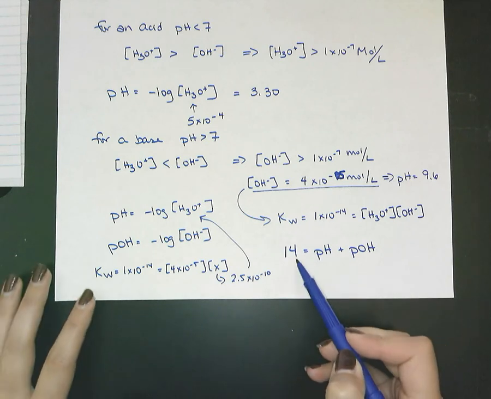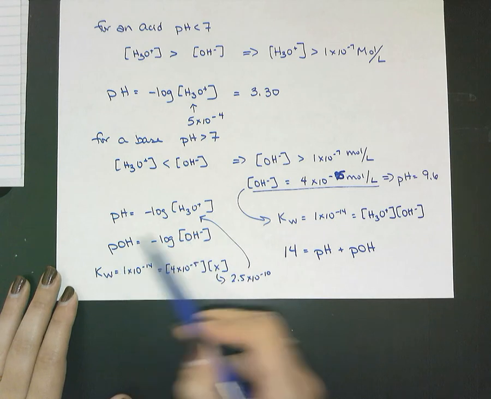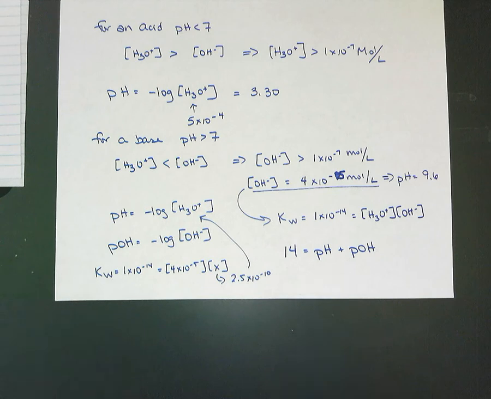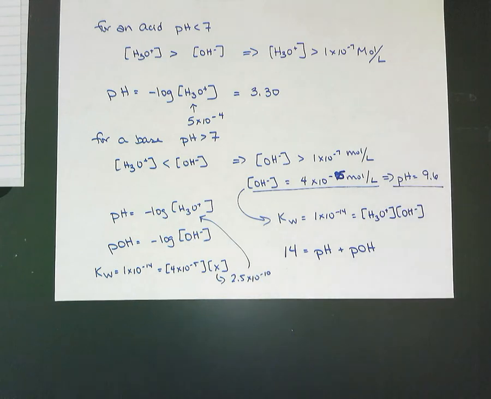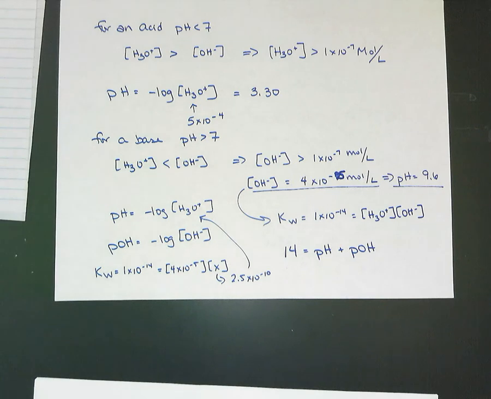Or you could have done it this way, where you plug this into there, solve for pOH, and then subtract that number from 14. They should come out about the same. Still some questions? All right, I'll let everybody finish thinking through that.